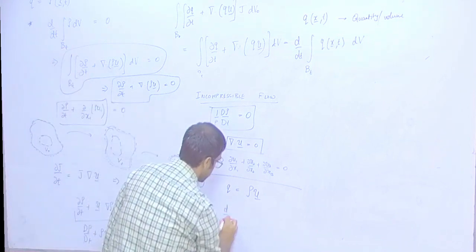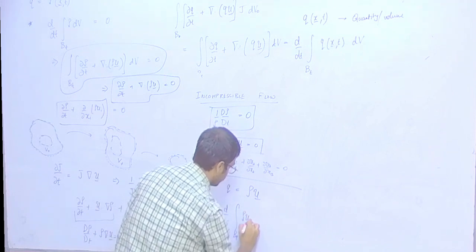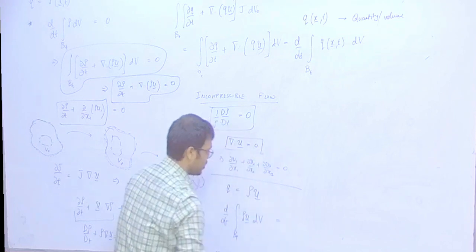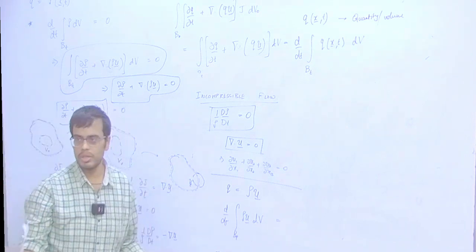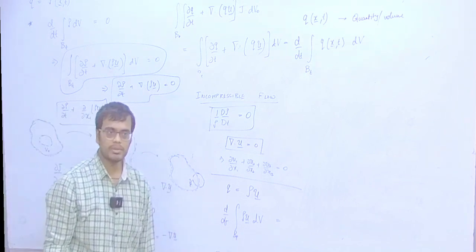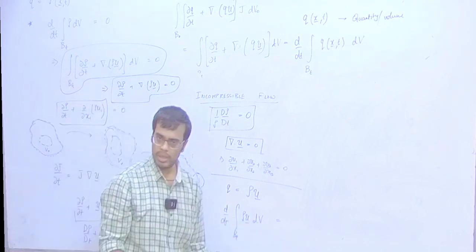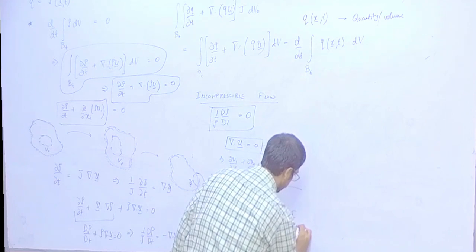So what is d by dt of this quantity? We know it from whatever you want to call it, Euler's first axiom or Newton's second law. This is d by dt of the total momentum of the fluid blob, which is nothing but the sum of external forces, which I am going to denote with this.